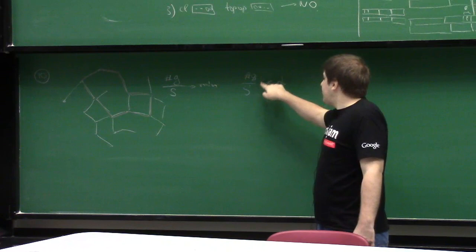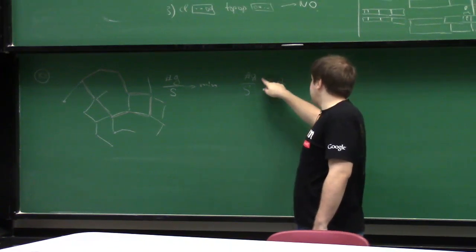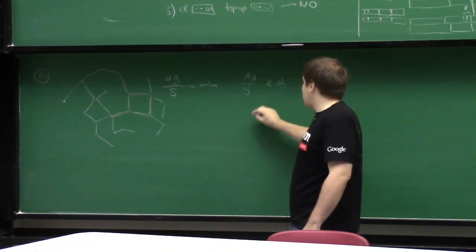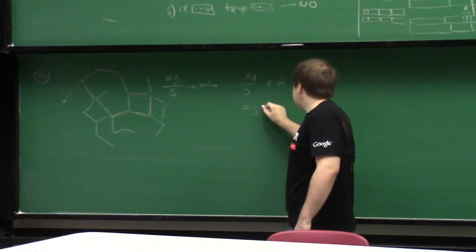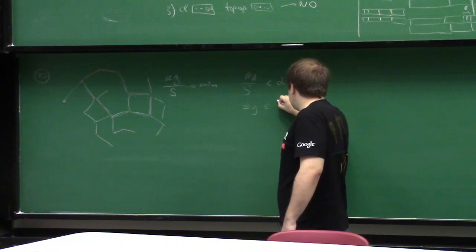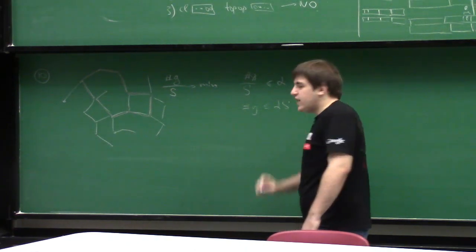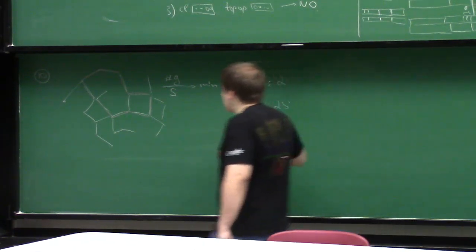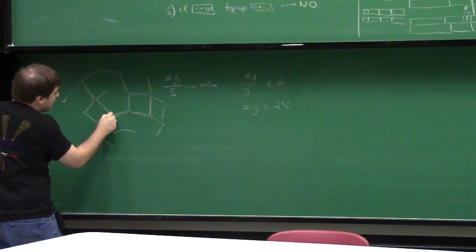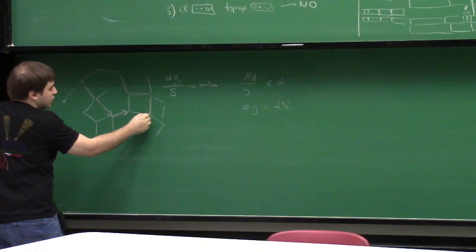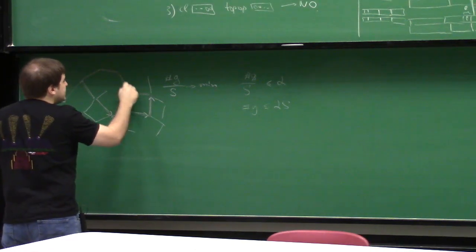Because the fractions usually work like this. If the fraction is not greater than alpha, then the number of guards is not greater than, let's say, alpha times the area, right? Then what is the number of guards? Let's say that we will consider the oriented polygon in some order.